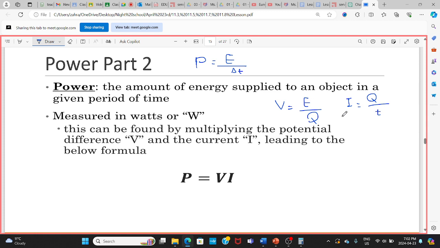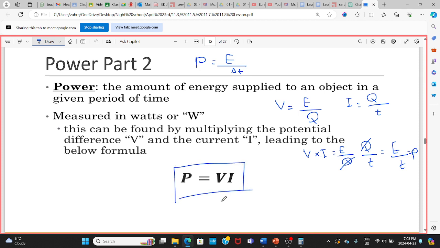If you multiply these two, V multiplied by I, you have E over Q multiplied by Q over T. What do you get? Q and Q cancel, energy over time. What was energy over time? That was power, right? So then I can say the power is voltage multiplied by current. So that's another equation that's useful to use. Okay, this is very handy.